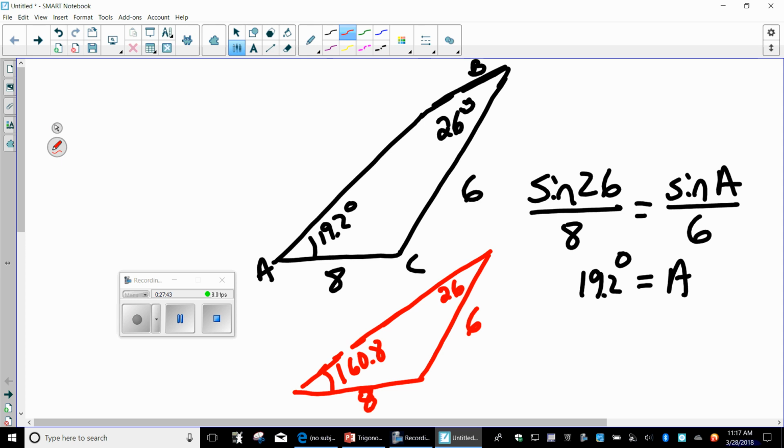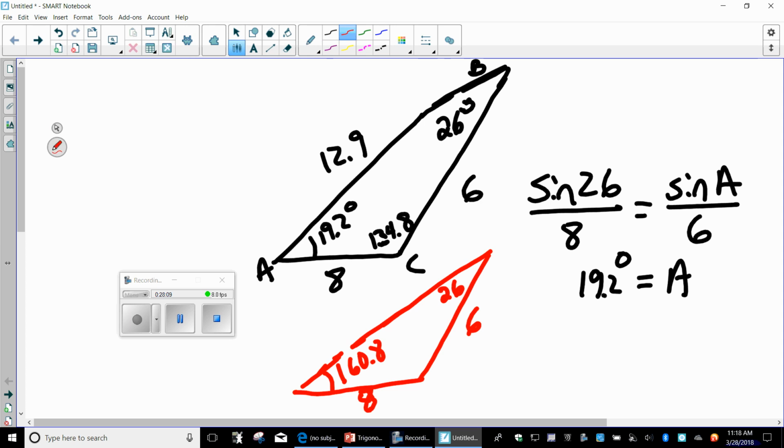Okay, so let me ask you this. Let's find this third side right here. Let me go back to the original triangle. What's the missing third side? Help me out. 134.8. Okay, and so using the law of sines, what would this missing side be? 12.9. Okay, let's go to the red triangle. Y'all help me out.